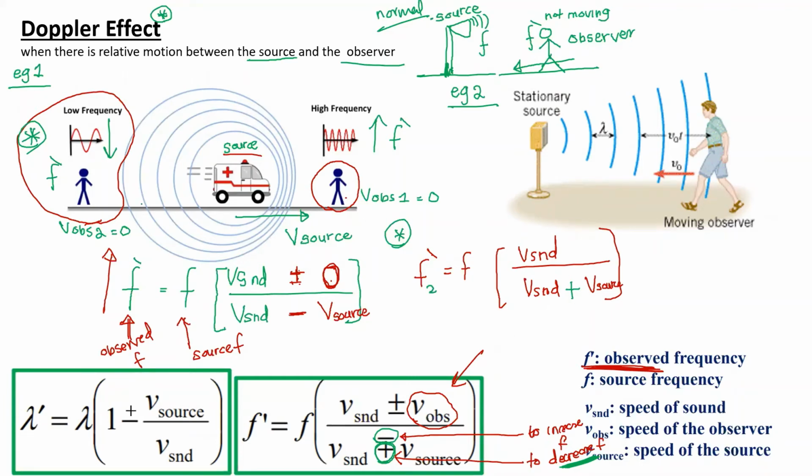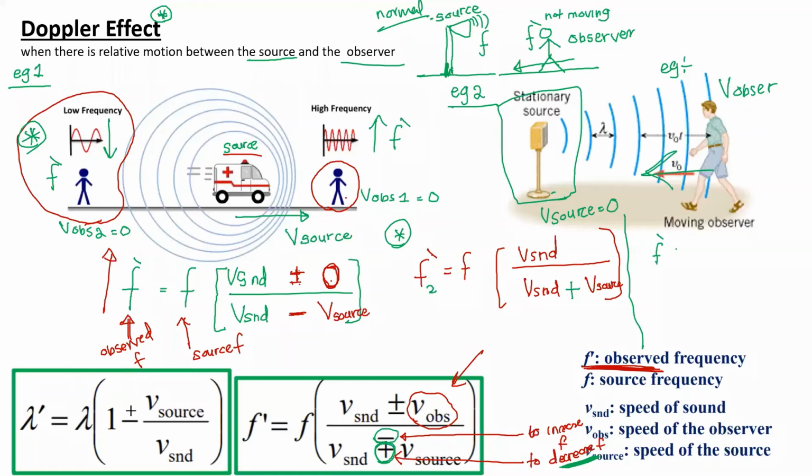So in the first example, we looked at how the equation will change when the source moves, right? So what if your example is like this? Here the source is stationary. So V source is 0 here. V observer is there. So observer is moving this way.